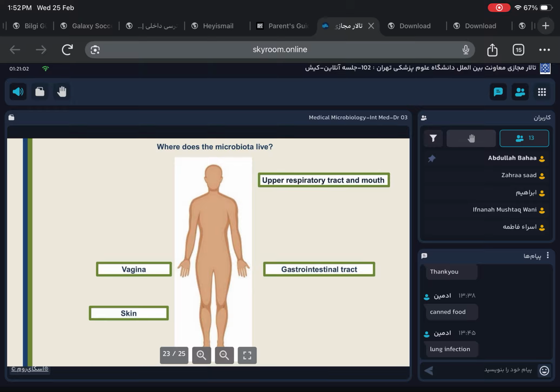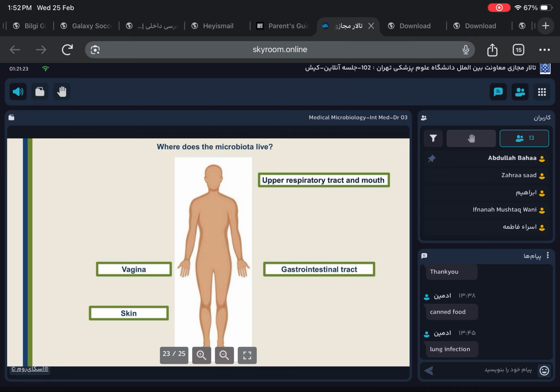Sometimes these microorganisms are responsible for breaking down the complex carbohydrates that we have in our diet. For example, cellulose in our diet cannot be digested by the human body.